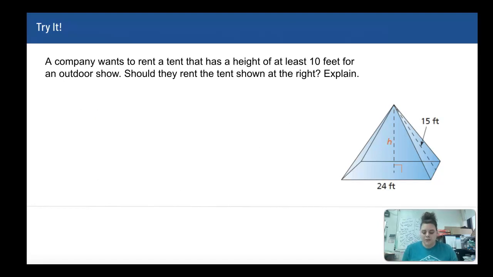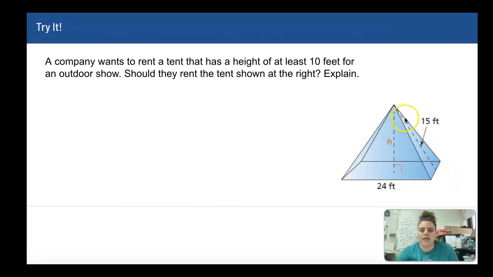You have one final try it problem. A company wants to rent a tent that has a height of at least 10 feet for an outdoor show. Should they rent this tent shown in your notes? So you can see we have 24 is the length along the whole base. So this halfway point will be 12.